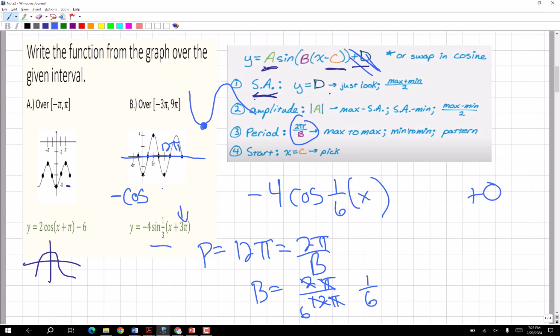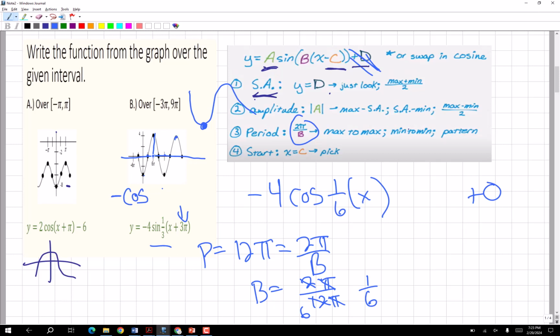Let me see if I messed up on how long my period is. Oh, I see what I did. Let me erase this. My period is wrong. I went from 6 pi over to here. This is 6 pi, so 3 pi, 6 pi, 9 pi, 12 pi.